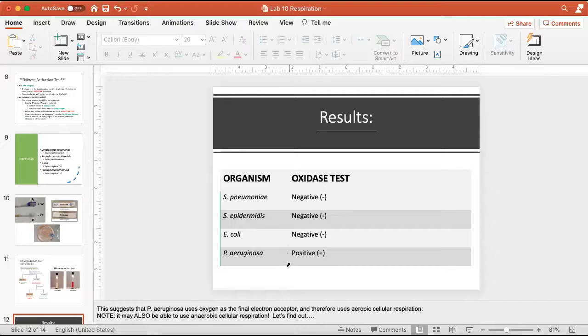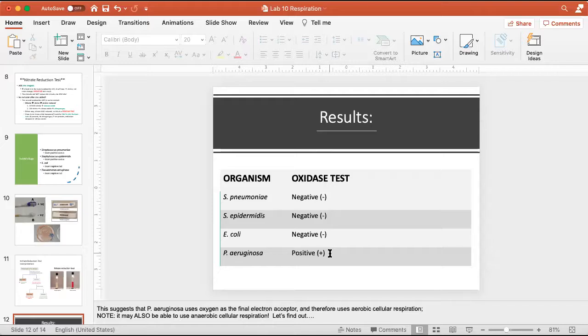It's using that enzyme to help cytochrome C do its job, which is passing electrons from one protein to the next down the electron transport chain. I also know, as a result of this test, that Pseudomonas aeruginosa must be doing aerobic cellular respiration, at least as one of the pathways it's capable of. In other words, Pseudomonas aeruginosa must use oxygen at the bottom of its electron transport chain.